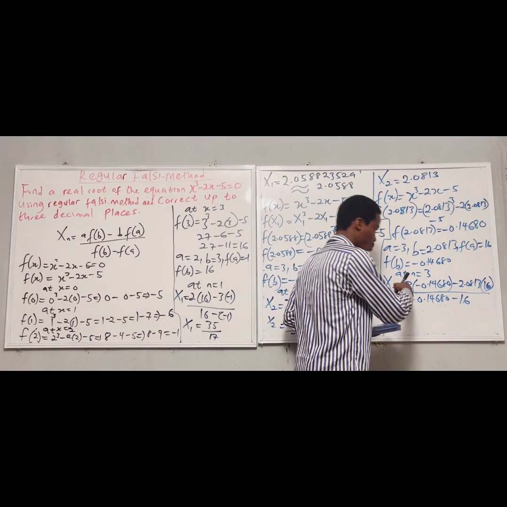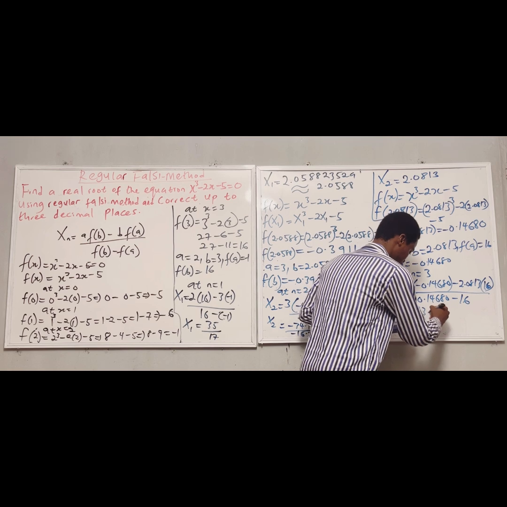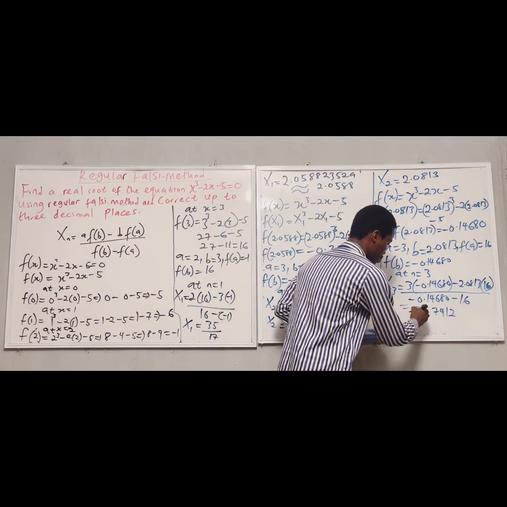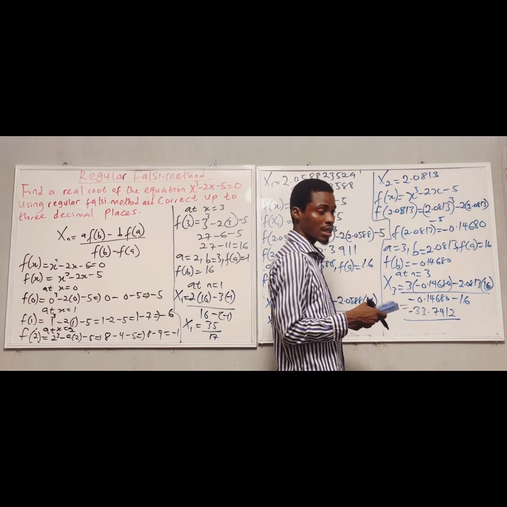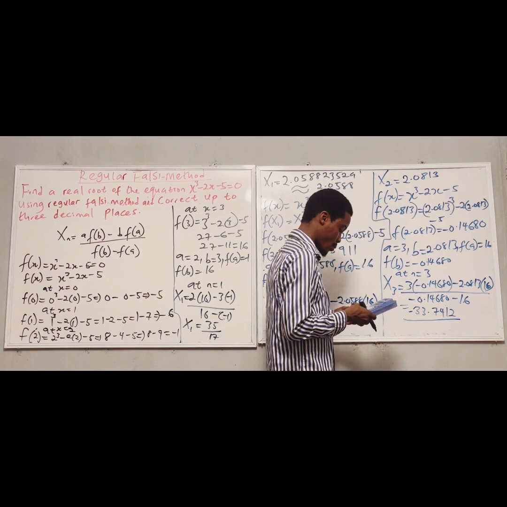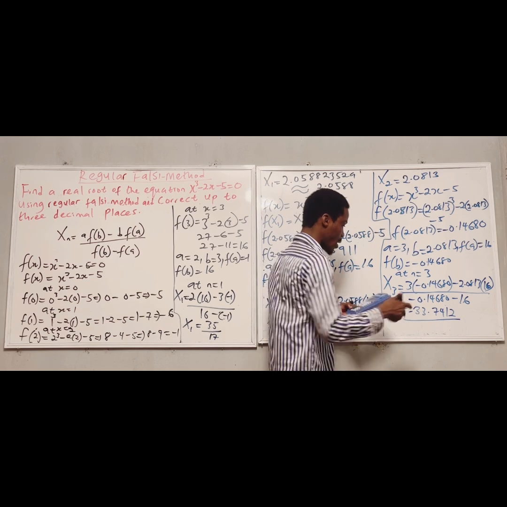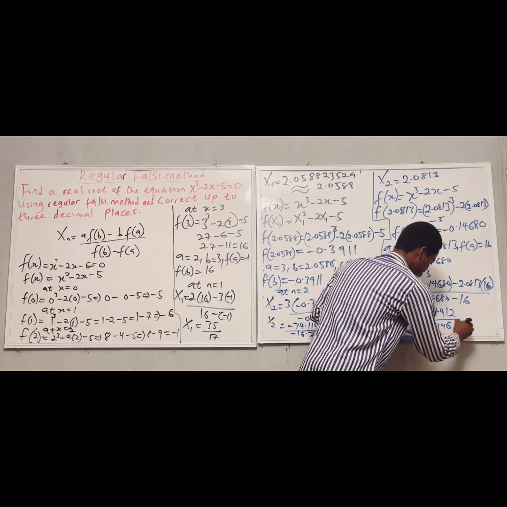So applying this, I have 33.7412 over, let me solve the denominator, minus 0.1468 minus 16, which is minus 16.1468.